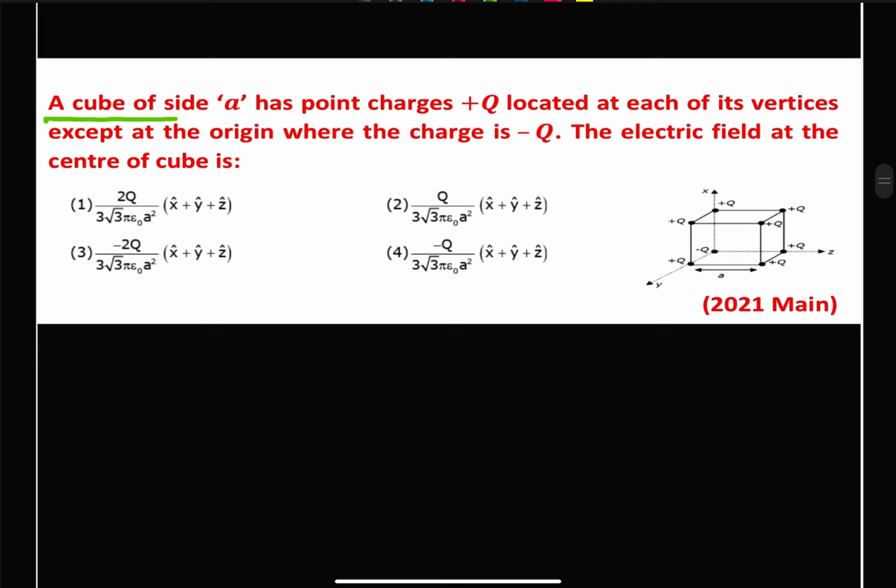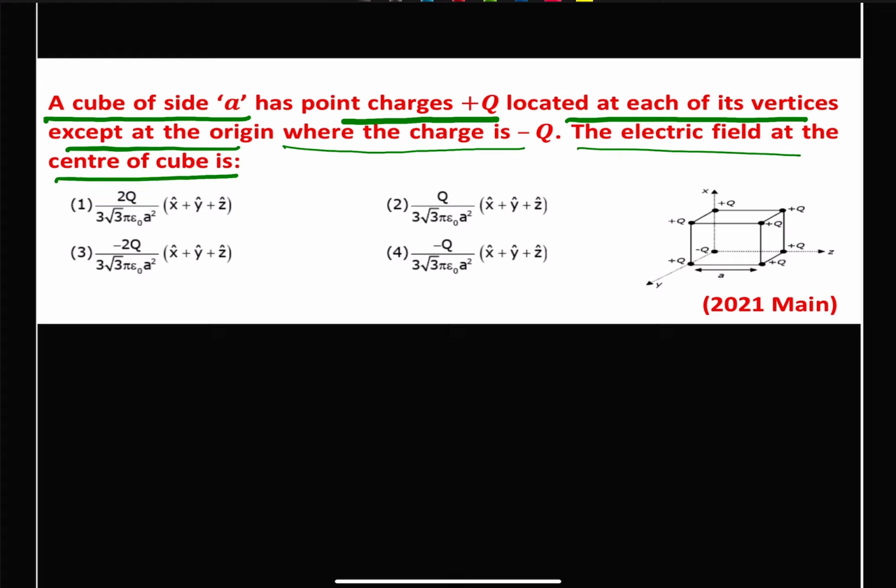We are given a cube of side A that has a point charge plus Q located at each of its vertices except at the origin, where the charge is minus Q. The electric field at the center of the cube is. So we have to find the electric field at the center of the cube.